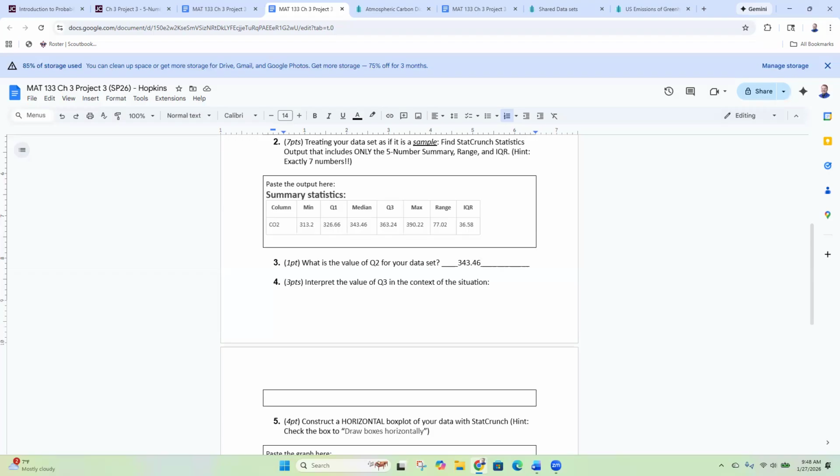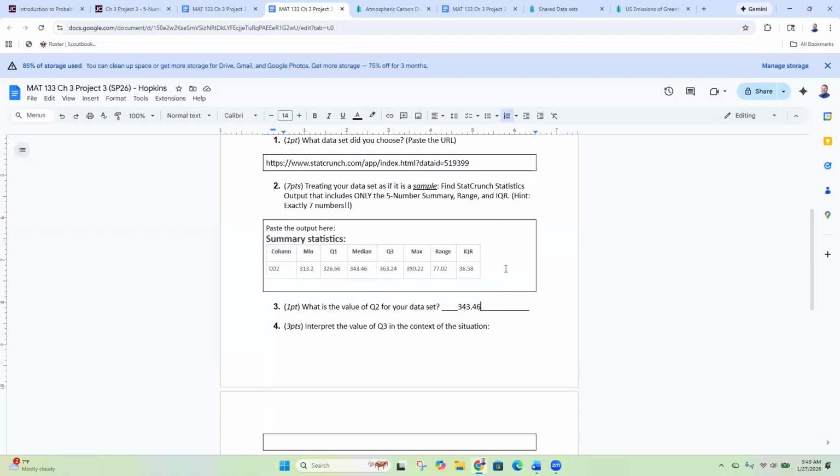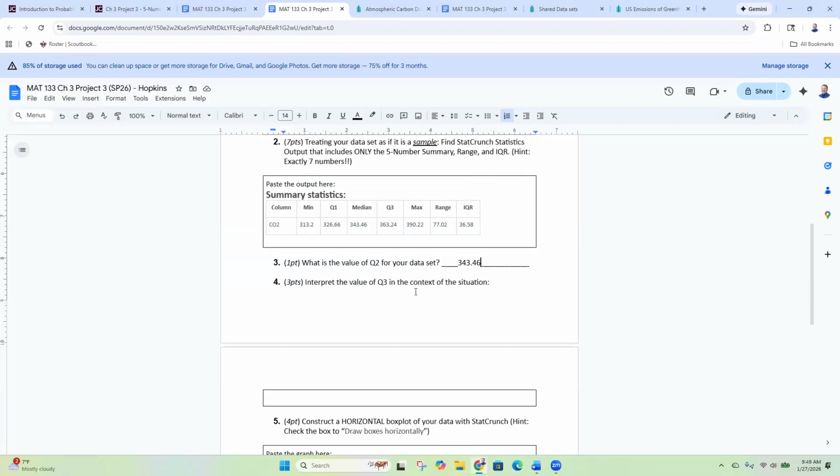So in this case, I have quartile 3 is 363. What does that mean? If I told someone the third quartile is 363 for the carbon emissions I've got, that's not going to be helpful, because if they don't know what that means, that's not going to go anywhere.